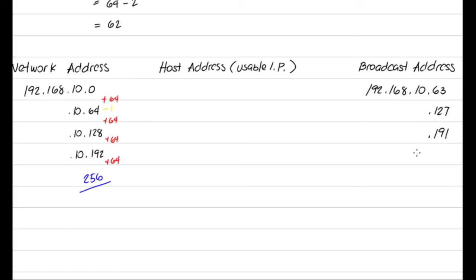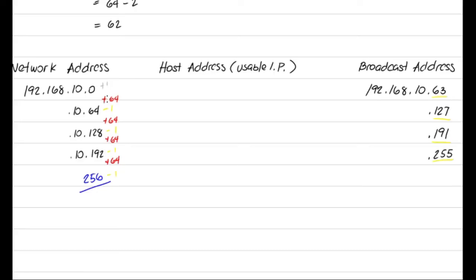And then the next one will be 192 minus 1, it will be 191. And then the last one, 256 minus 1, it will be 255. So that will be our broadcast address.